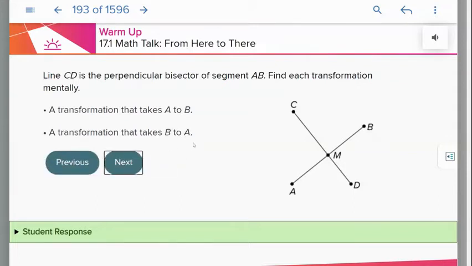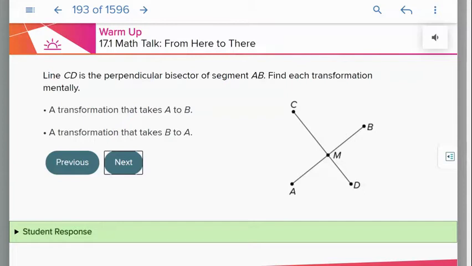Let's look at the next one. A transformation that takes B to A. Well, would you agree that if we were able to use all three of those transformations, reflection, rotation, and translation, for mapping A onto B, that you could do the same three transformations the other way, from B to A?